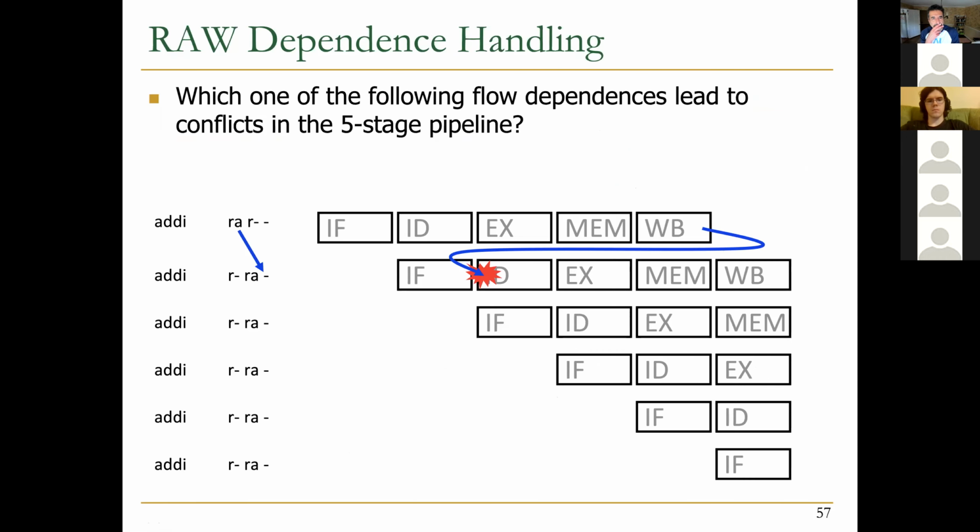This is again another pipeline where we have this instruction. All of them are add I type of instruction, and we have this dependency where in the first instruction, this register address has been written, and then we need to use that in another add I instruction, right?